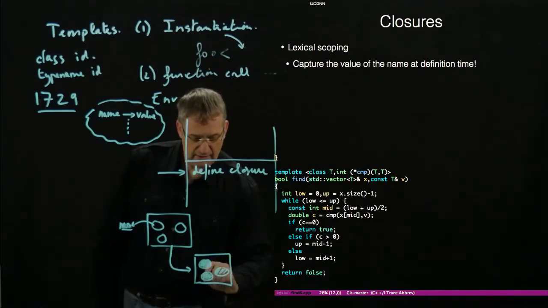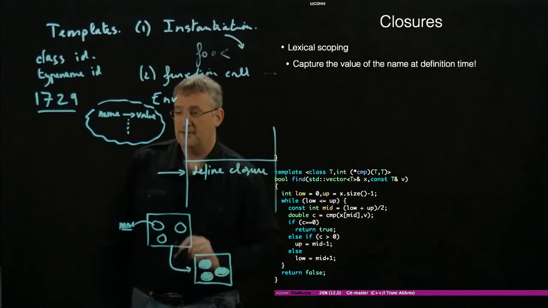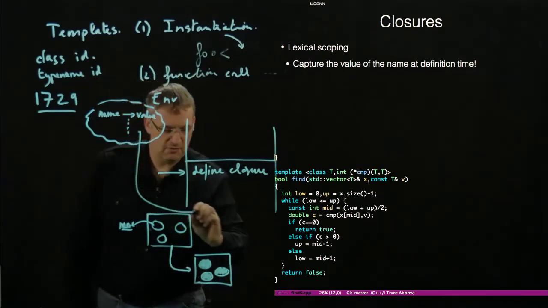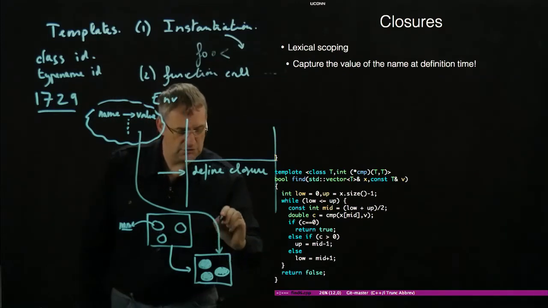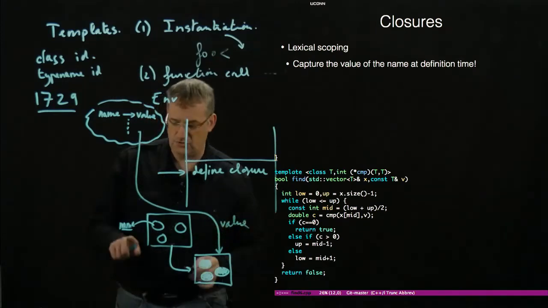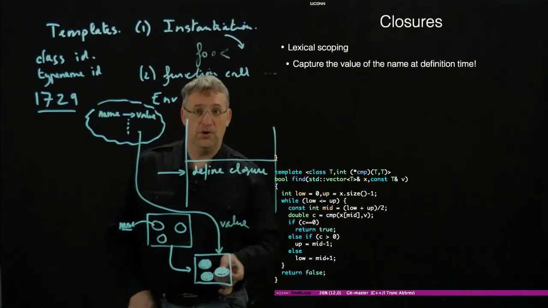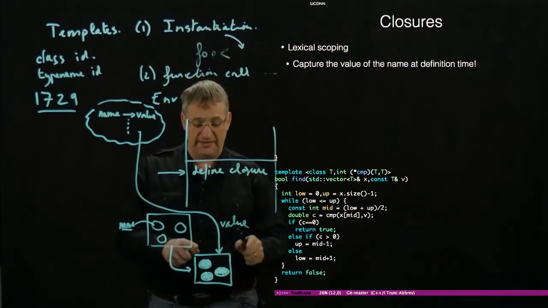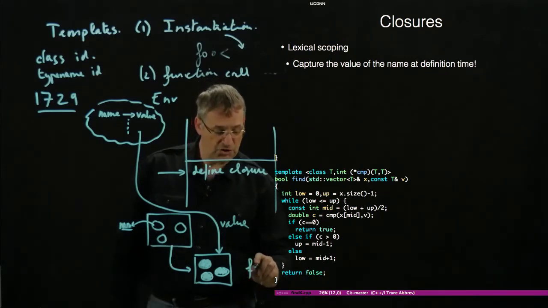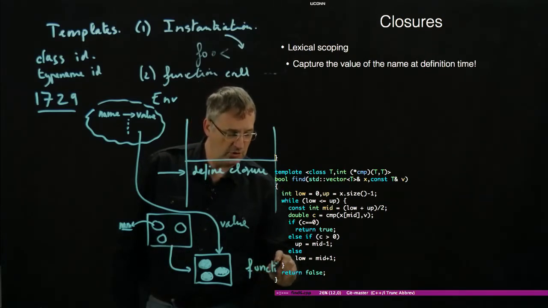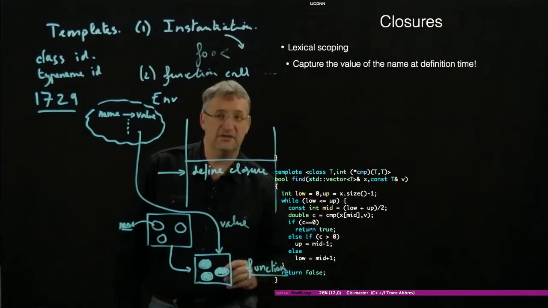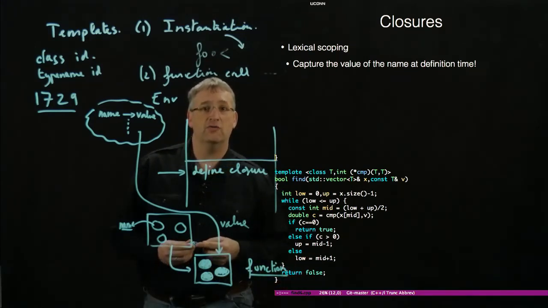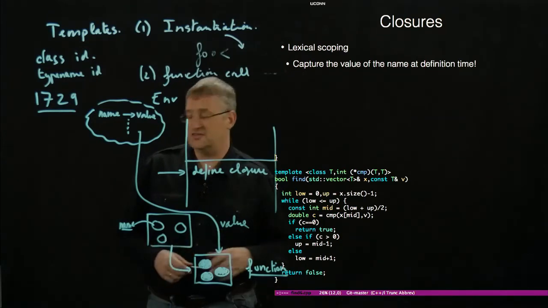And the filler is none other than coming from my environment. So the environment contributes the values associated to those names to plug in the holes in the closure definition. And therefore we get something that is a beautiful function in the purest sense of the word. It does not depend on the outside. So that's what we mean by closures, and that's how we're going to actually make use of them. So this is our basic setup.